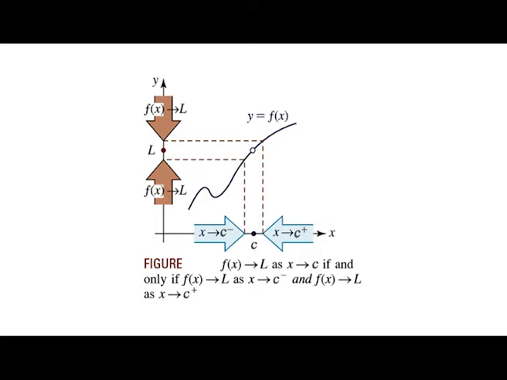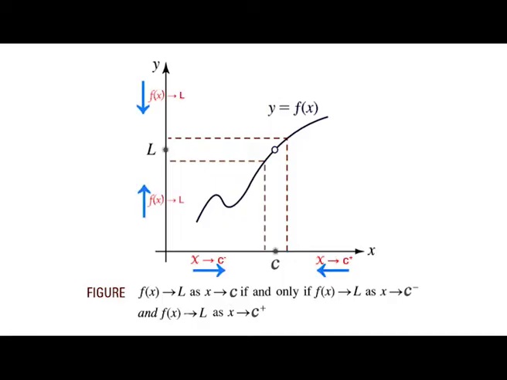Getting intuition from the above example, the figure shows that f of x approaches the two-sided limit L as x approaches c if and only if f of x approaches L as x approaches c from the left as well as from the right. Informally, we define limit as follows.